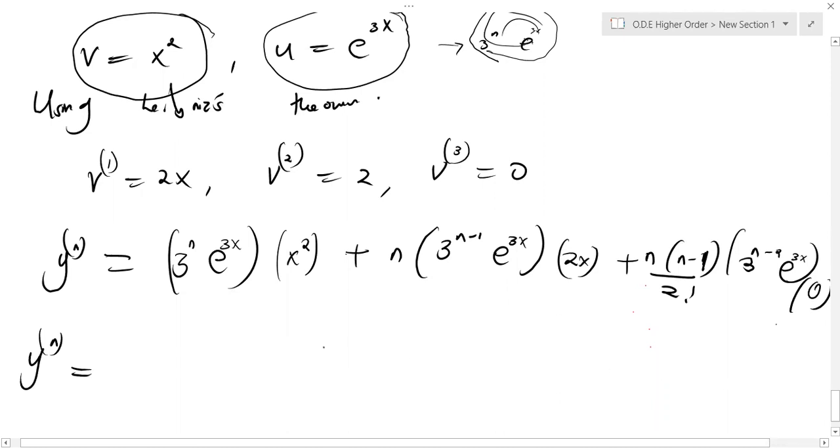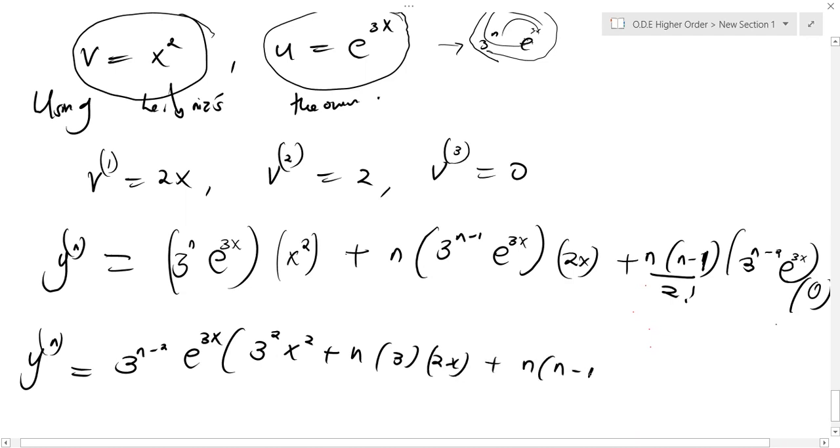So this is going to give us exponential 3x, this is 3 to the n minus 2 exponential 3x into 3 squared x squared plus n into 3 into 2x plus n into n minus 1, plus 0.